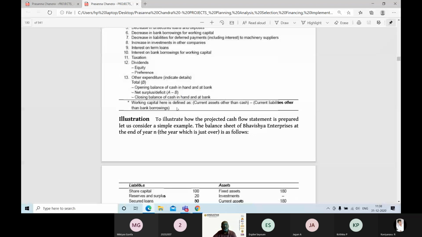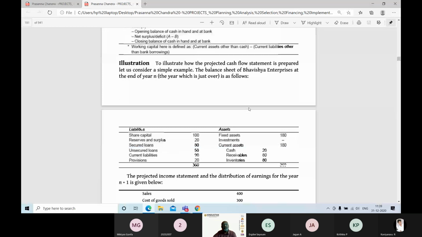So here working capital is defined as current assets other than cash minus current liabilities other than bank borrowing. This is the concept behind it, the working capital defined. The illustration is the liabilities and assets, the balance sheet of some enterprise.